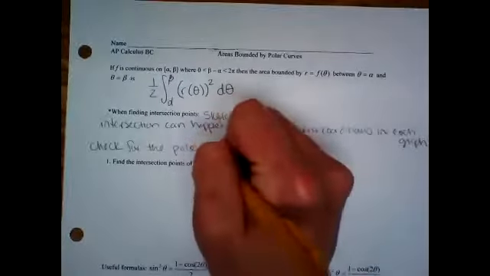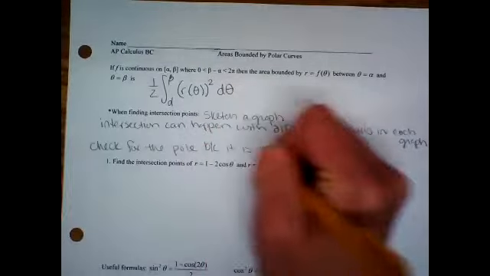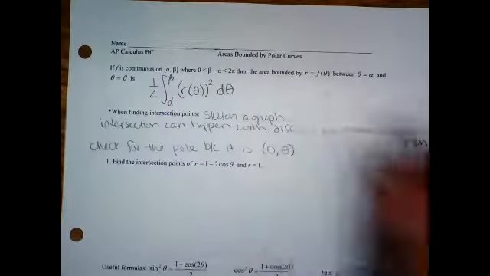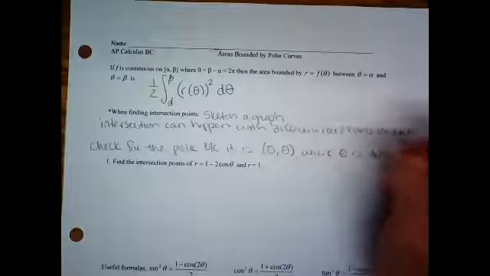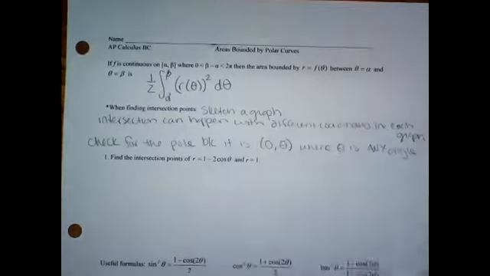Check for the pole because it is 0 comma theta, where theta is any angle. You can have 0 comma pi, 0 comma 2 pi over 3, 0 comma pi over 6. It doesn't matter what the amount of rotation is. If your radius is 0, you're at the pole. So that can be any amount of rotation. You just always want to be aware of that as well.